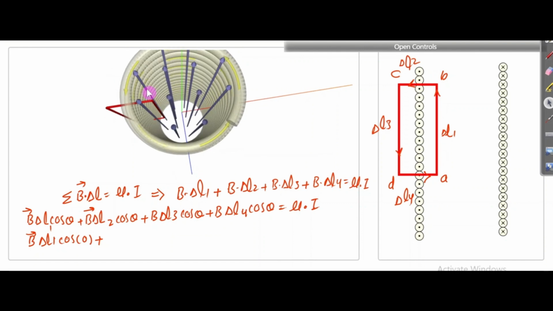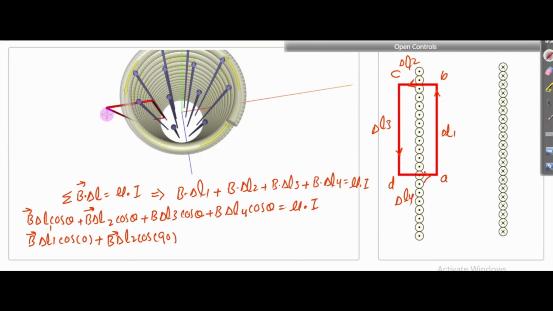So the angle between B and del L2 is 90. I'm going to write B del L2 cos of 90 for this side of the Amperian loop.